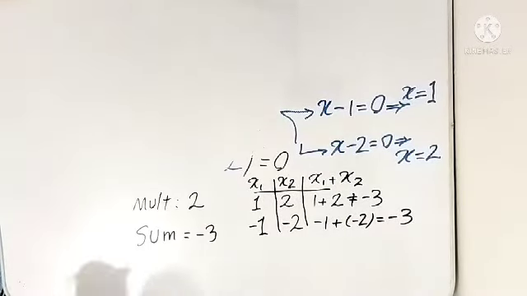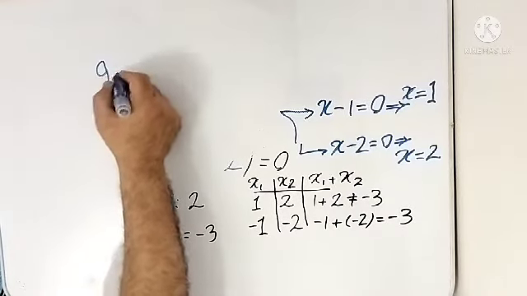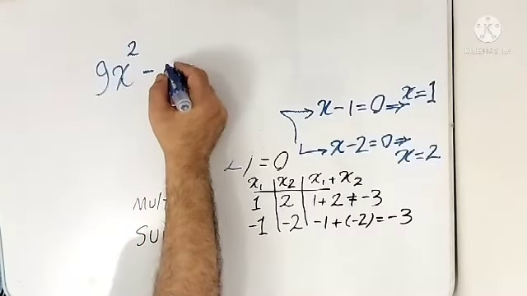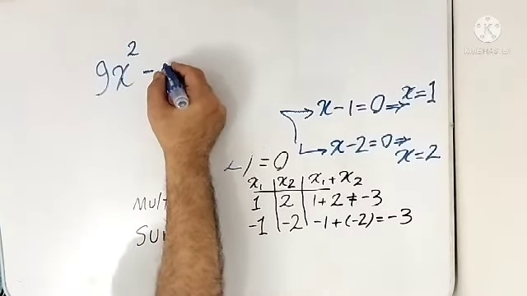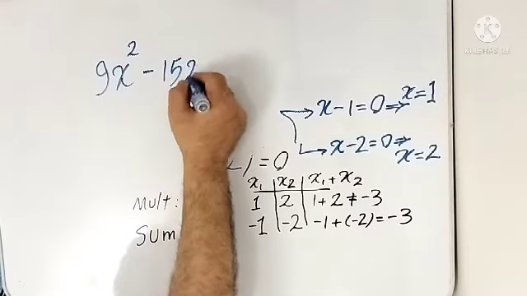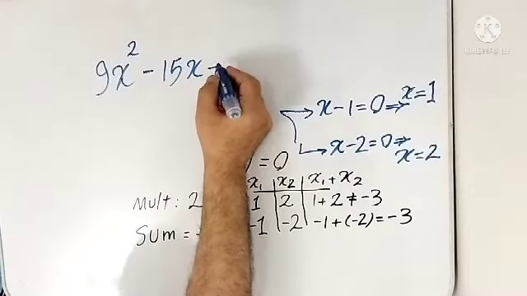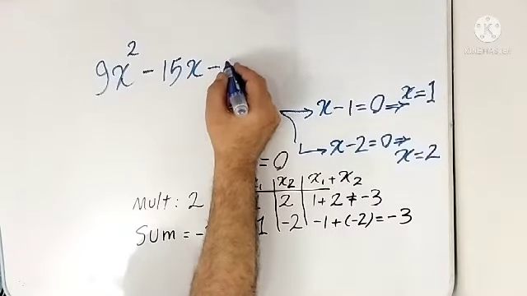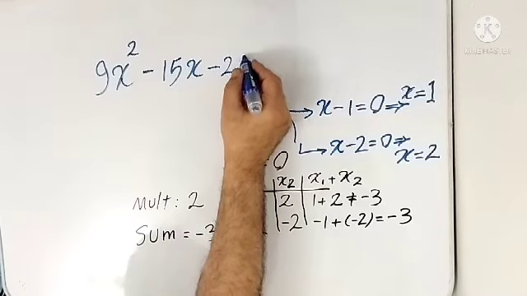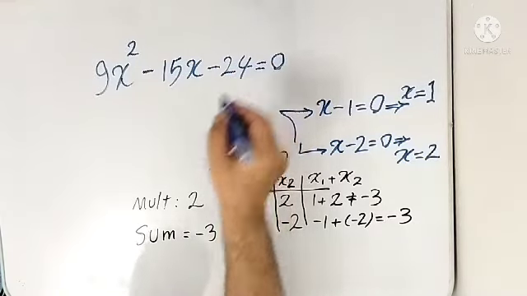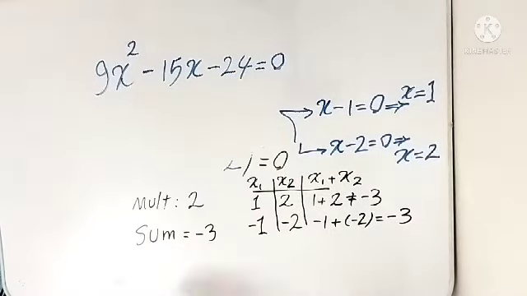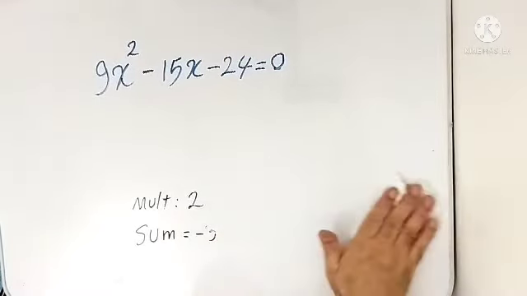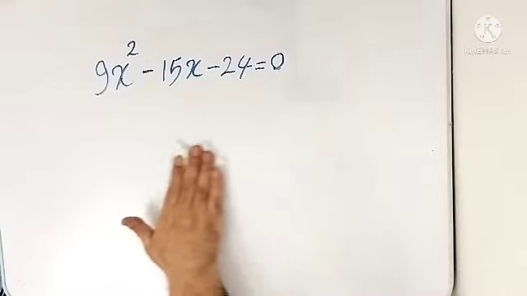Second example. In this equation, a equals 9 and 9 is a full square.